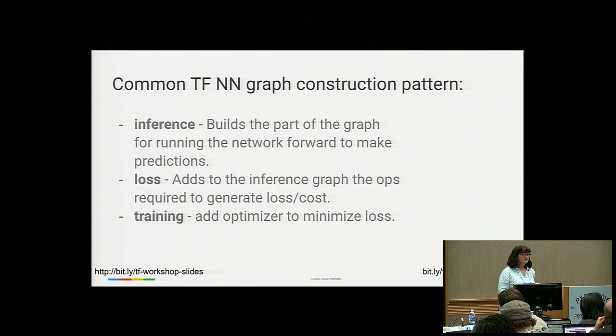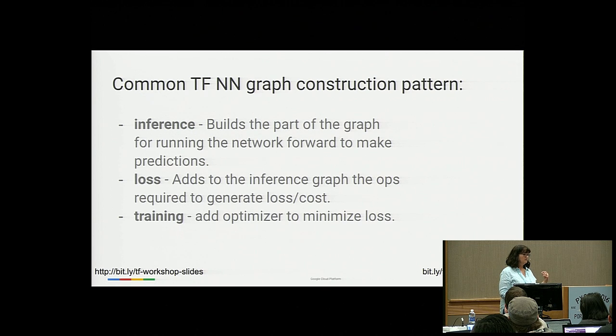Okay, and so this is actually a common pattern, incidentally, that you can look for when you're looking at TensorFlow code. You'll see people build the prediction or inference part of the graph. Then they'll add nodes to it that define the loss or the cost function that you want to use.